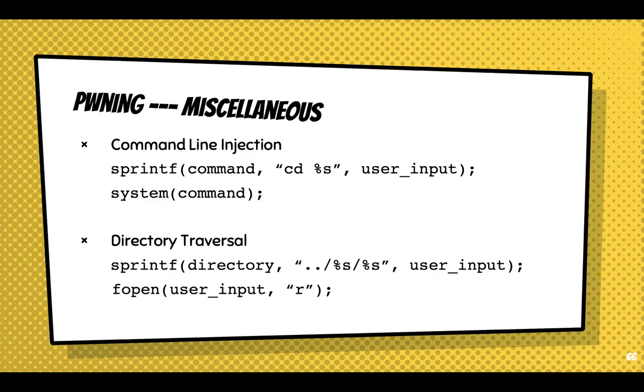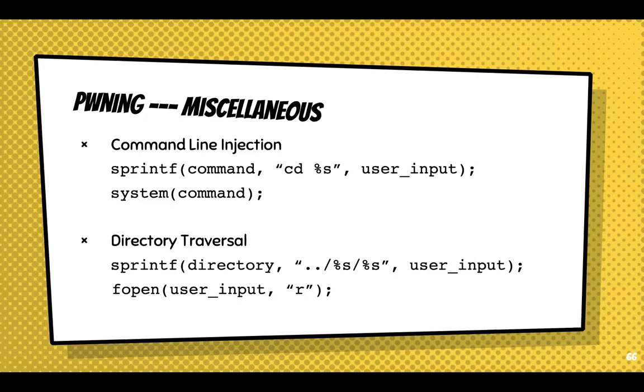I also recommend using something else instead of system. You want to use the Linux exec family of functions so that attackers will not be able to control the command, and you will have a more secure setup.